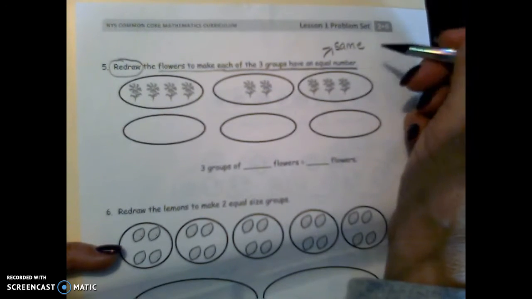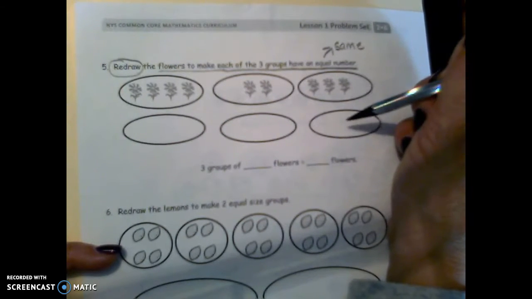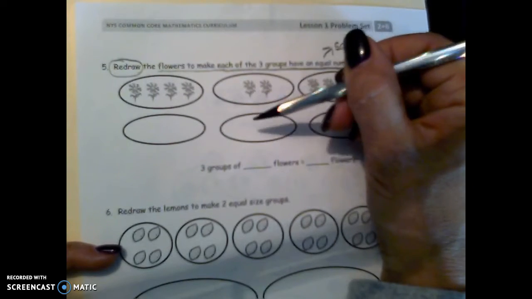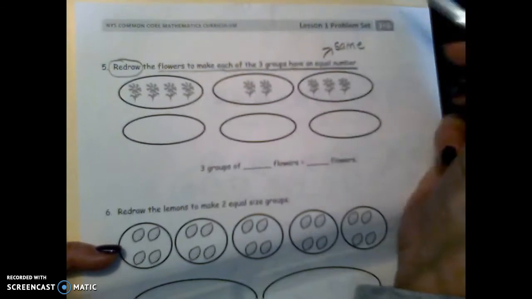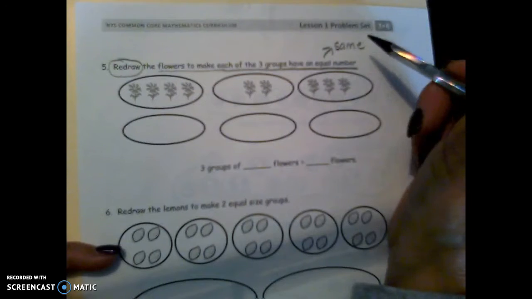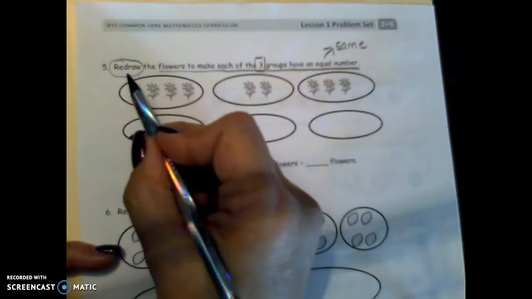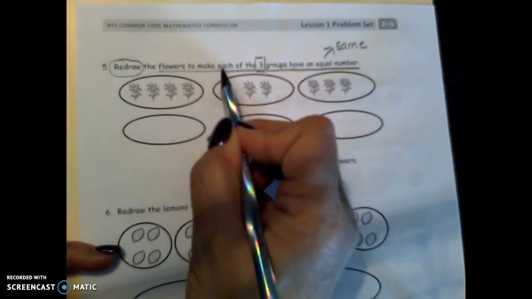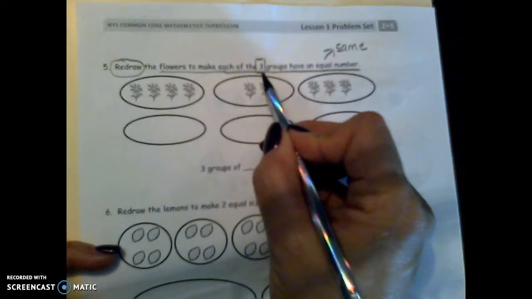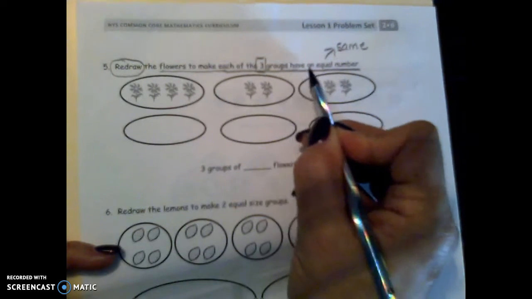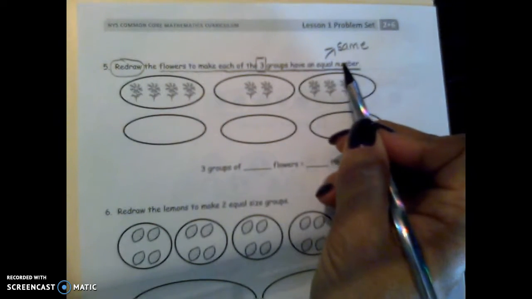So if I have 4 in this group, I'd have to have 4 in this group, 4 in this group, and so on. So equal means the same. And I have 3 groups. So redraw the flowers to make each of the 3 groups have an equal number.